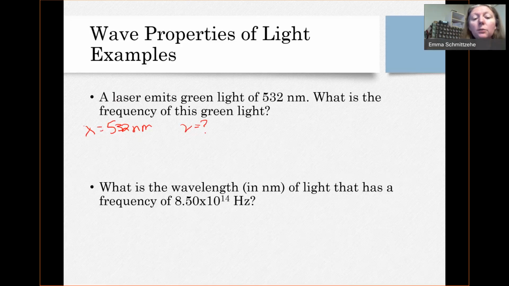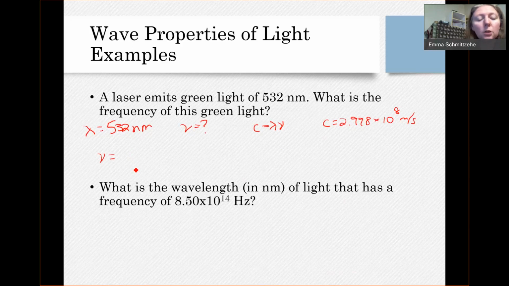Our equation is c equals lambda nu, and c is equal to 2.998 times 10 to the 8th meters per second. And so we can solve for nu. If we just rearrange that equation, nu should be equal to c divided by lambda.